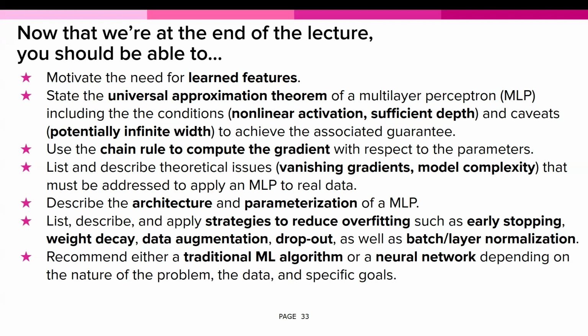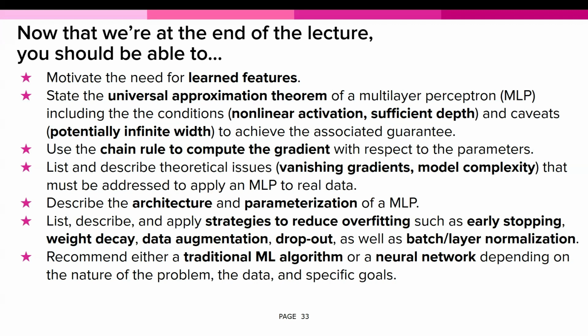We also went through several examples of using the chain rule to compute the gradient with respect to the parameters in our network. We also went over some theoretical issues that arise in neural networks, specifically the vanishing gradient problem, the fact that we have more complex networks. And so these theoretical issues, we have to address them in order to apply multi-layer perceptrons to real data.